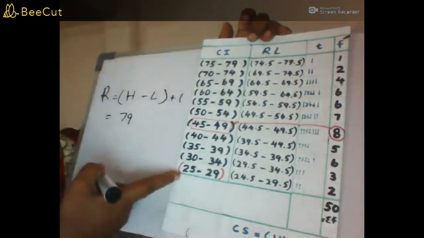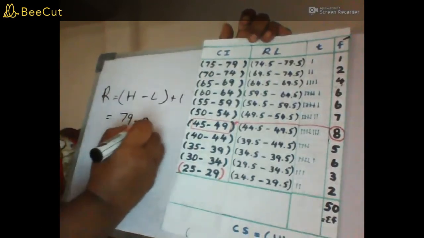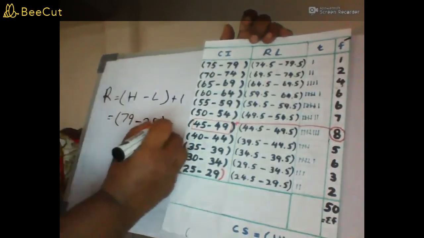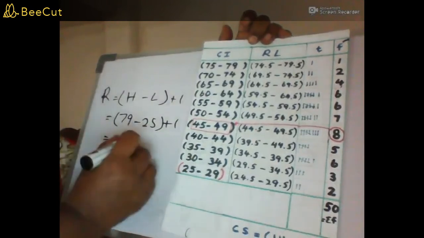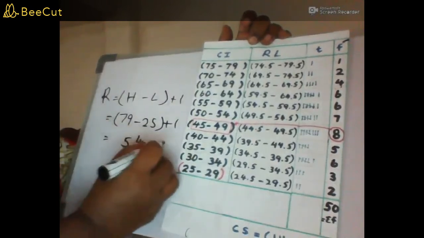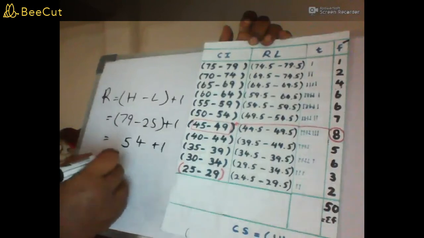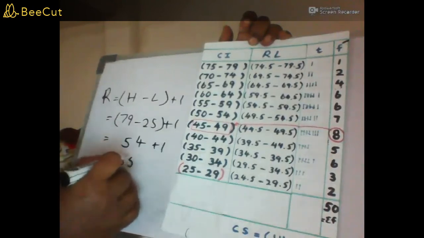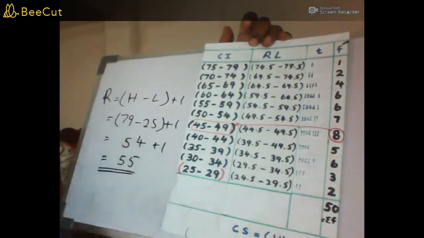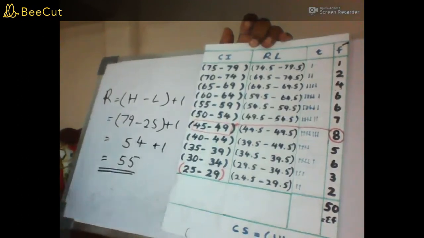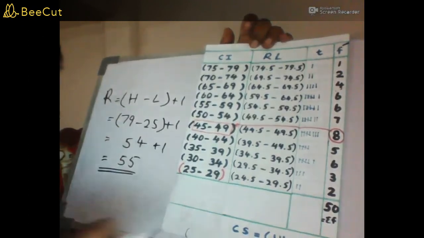What's the lowest value then? 25, plus 1. So what is the answer? 55. The range is 55. So you'll have to calculate the range for the past 5 papers also.